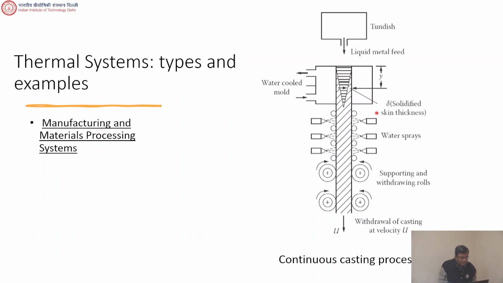So delta is the thickness of the solid. The central part is still hot, but the outer part where it's solidifying is at a lower temperature because you are water cooling the mold. Then there is withdrawal of this with the help of some rollers, so this is drawn like this.